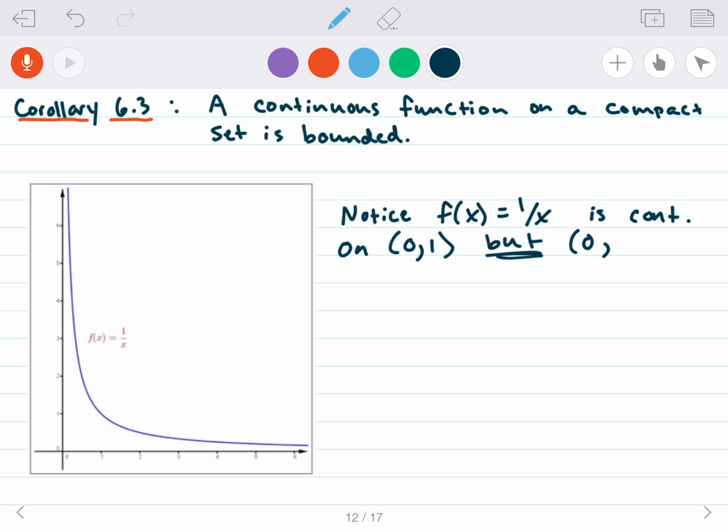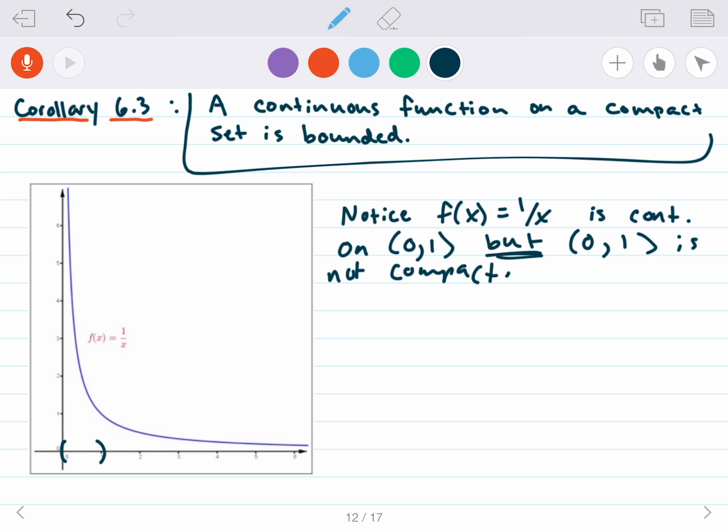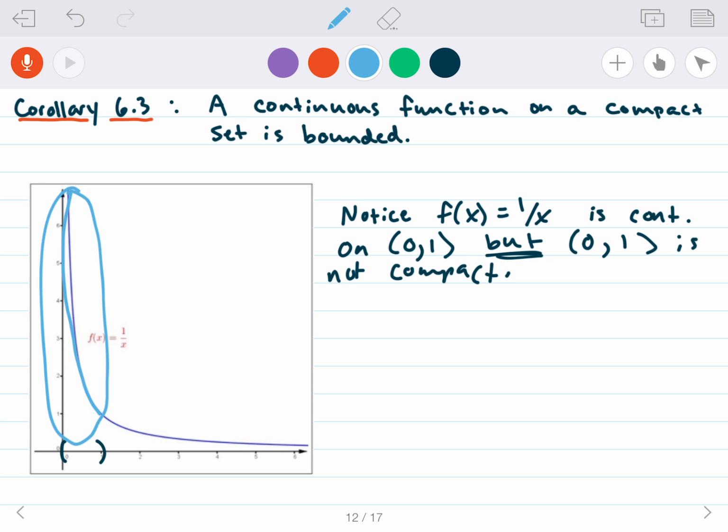So there's a problem here. It is not compact. And we can see in the picture that because it's not compact, this corollary is not going to apply. And so we can have things that are unbounded on this set. You can see that that's true here. This is completely unbounded from 0 to 1. It's going to grow without bound.